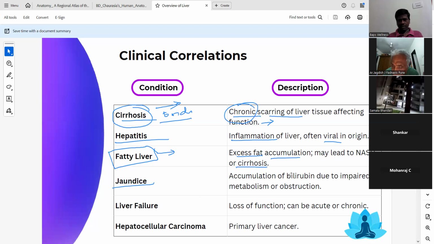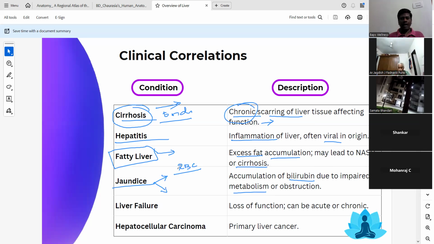Jaundice is excess of bilirubin. It can be due to two reasons. We should not always consider that the liver is the culprit in case of jaundice. If you see excess of bilirubin, already we have seen that bilirubin is the byproduct of the RBC breakdown.